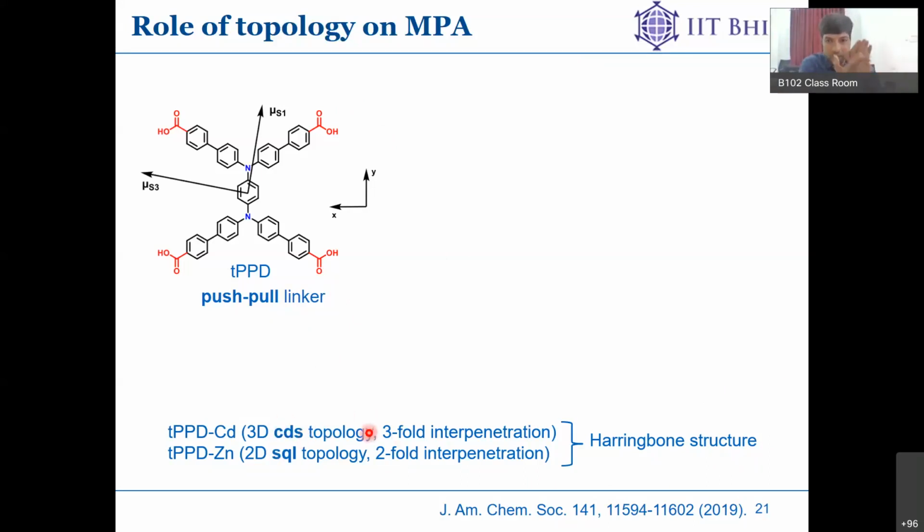Topology means how closely they are arranged and what kind of arrangement. I hope you are aware of J aggregates, H aggregates, and such arrangements. In the case of cadmium, the J aggregation is much better aligned compared to zinc. That's the only difference we observed.